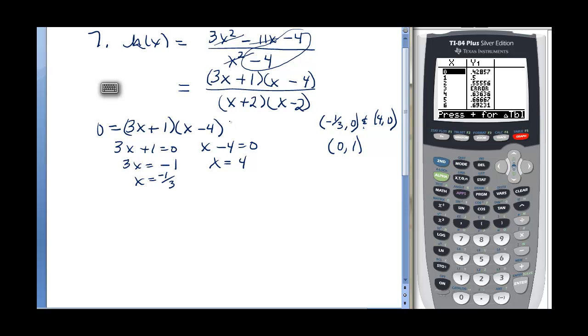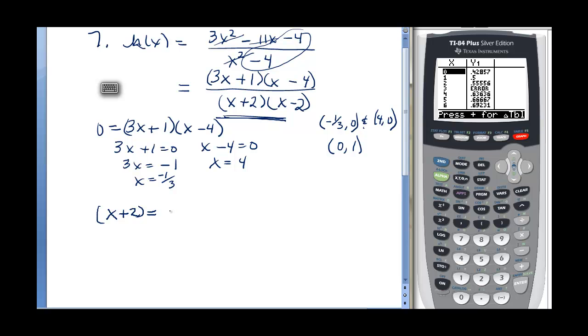Okay, so the next thing I want to do is to find my vertical asymptotes. Again, my vertical asymptotes are going to be when my denominator is equal to 0. I could look right here with my factored denominator and set those factors equal to 0.